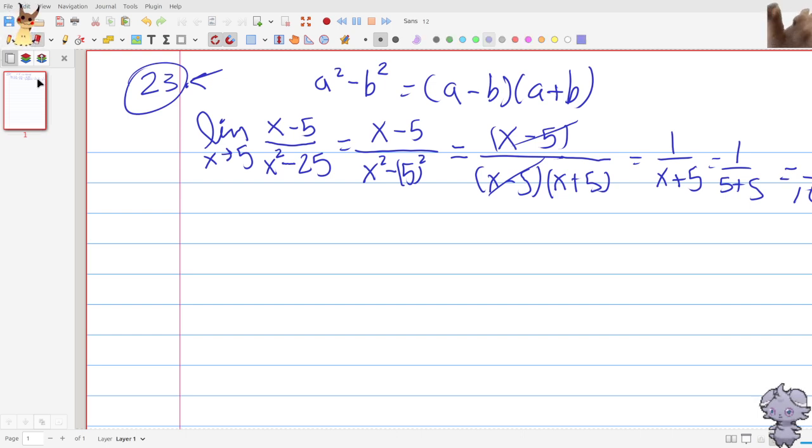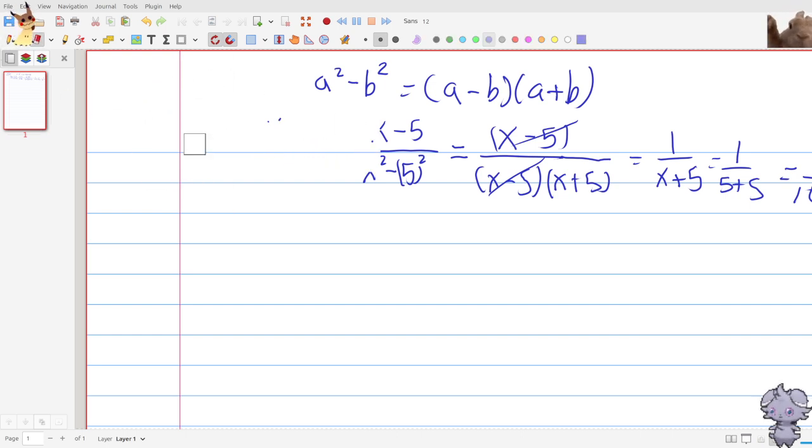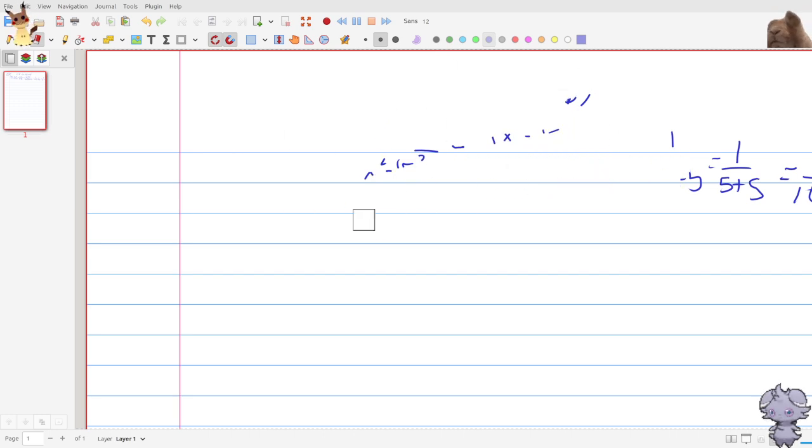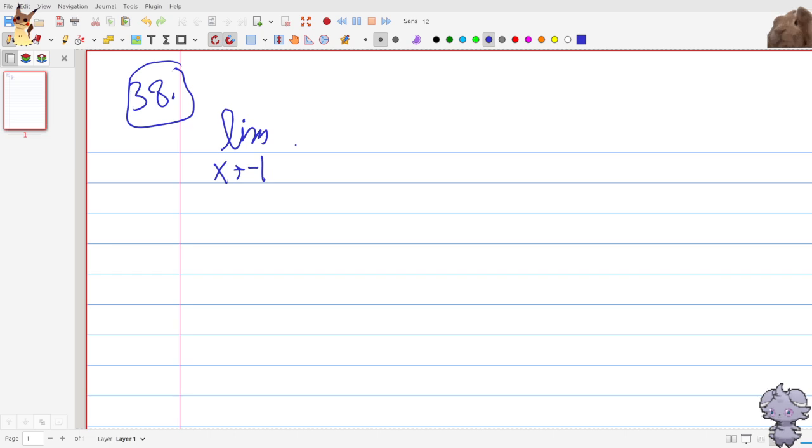Okay, in this video I will do another limit, which will be question 38 in Thomas' Calculus, 14th edition, chapter 2, section 2.2. Let's write the limit: the limit as x goes to minus 1 of the square root of x squared plus 8 minus 3, over x plus 1.